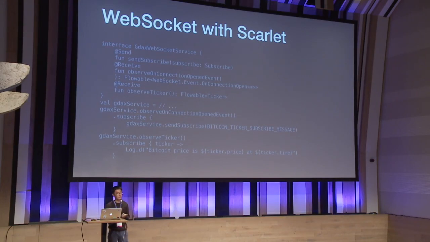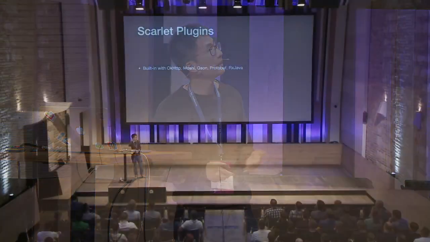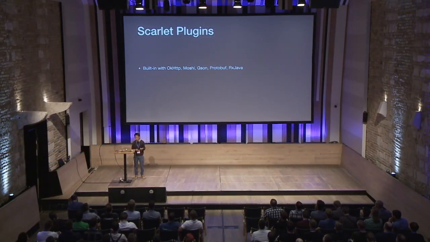We've seen how declarative Scarlet is. Let's talk about plugins. In the previous example, we used RxJava and Moshi, but Scarlet is actually independent of those technologies. It uses plugins to support them. We have many built-in plugins, and that makes Scarlet compatible with your existing tech stack, whatever libraries you're using.